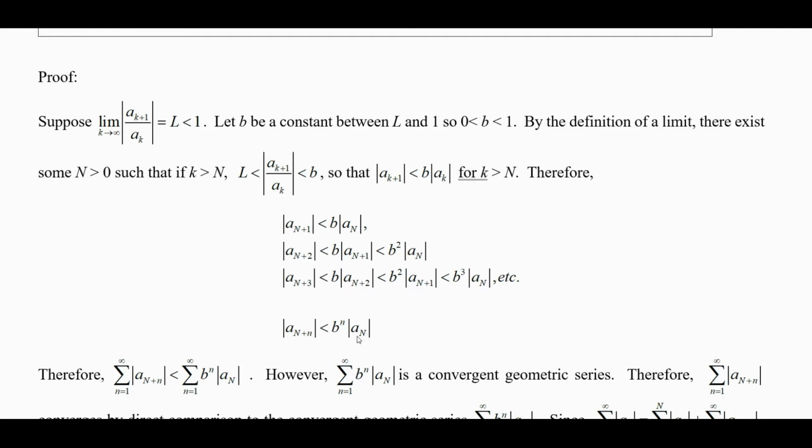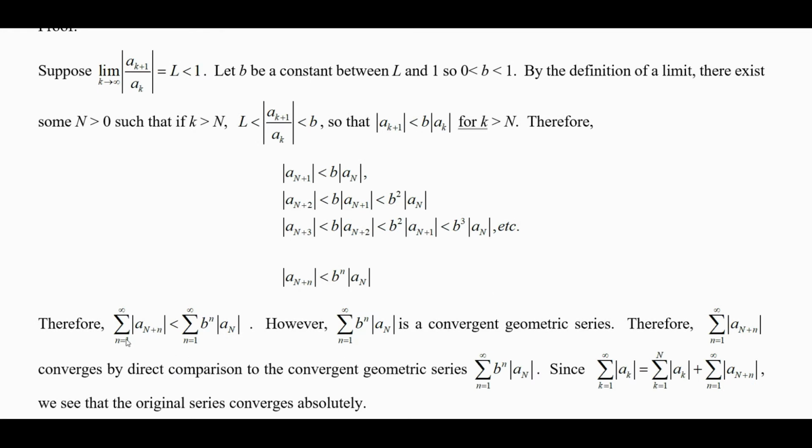Okay, so this is basically following from the basic limit definition for a sequence. All right, well, therefore, by direct comparison, the series from capital N plus 1 on is less than, or let's say less than or equal to, b to the n times the absolute value of a sub n.